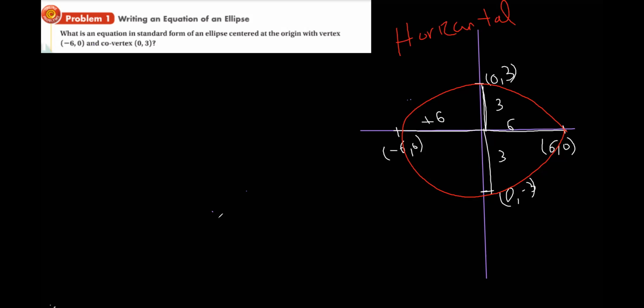Now, this is a way to know if it is horizontal or vertical. Another way, look at here. The vertex is -6, 0. The vertex has a 0 every time.